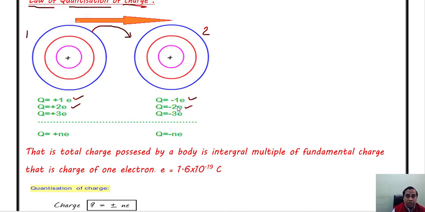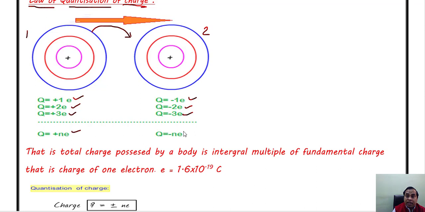Here E is one electronic charge, because it has taken up two electrons, so the charge developed is minus 2E. Suppose it has given up three electrons, so it will develop plus 3E charge. It has received three electrons, so it will develop minus 3E charge, and so on. Suppose it has given up n electrons, so it has developed plus nE charge.